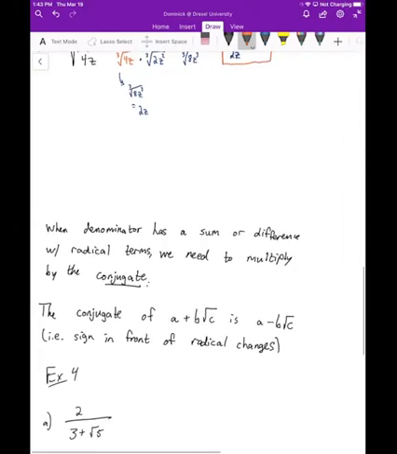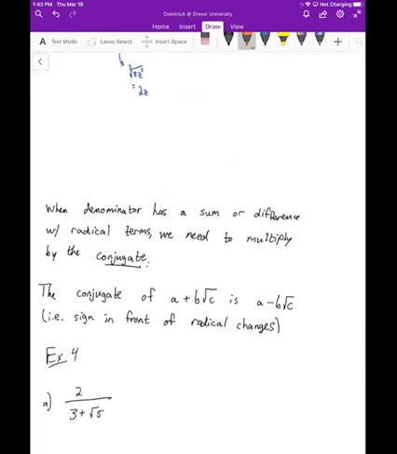And now we need to talk about what if your bottom, if you look at this example here, is maybe a little bit unclear at first because now you have 2 things being added in the bottom, right? So we need to do something else. And it turns out that what we need to do is multiply by what's called the conjugate.